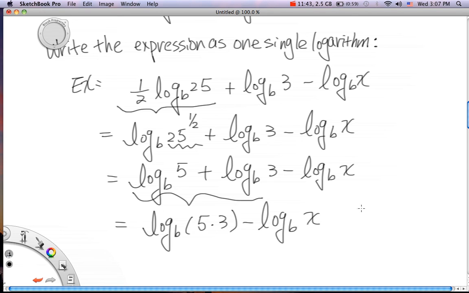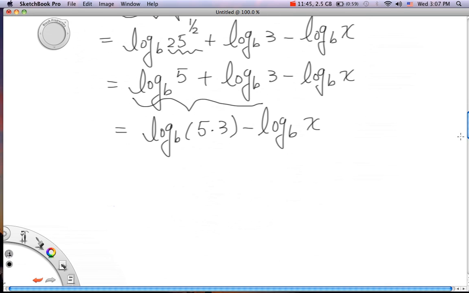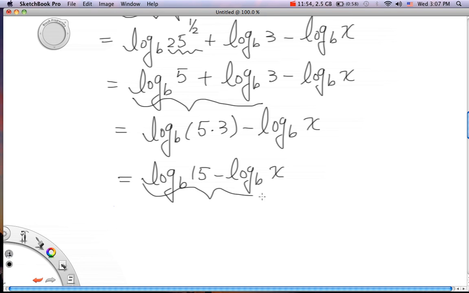So I'm using the rules that you have above backward. And now that gets me to log base b of 15 minus log base b of x. And you have two logs separately being subtracted. That means that it really came from a division. And now you have it in one single log.